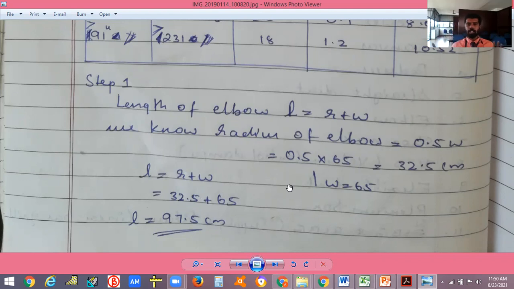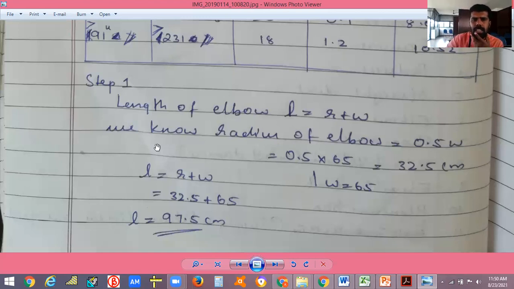I have already asked you to write it in the notebook. If it is a small elbow, when you are choosing the radius, you give half of the width. If it's a medium, you give the same as the width. If it's a larger duct, you give 1.5 times the width for the radius. So here we are choosing small duct area.